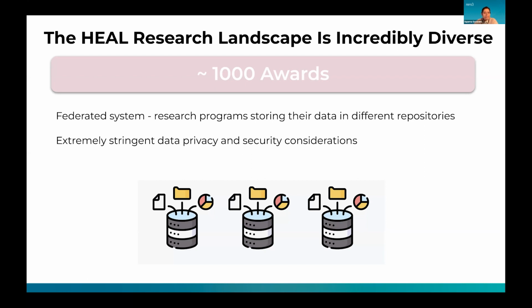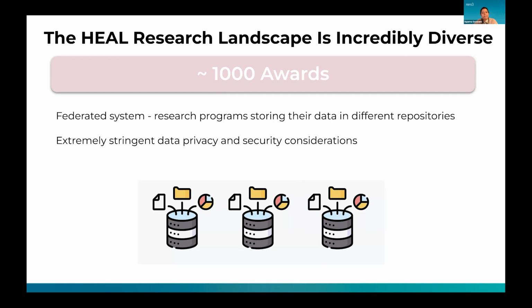And how do we do it? First of all, it's important to understand that HEAL, with these 1,000-plus awards generating different types of data, is a federated system. There is no one repository where all this data will be stored. These are different research programs spread across the country. They are storing their data in different repositories based on the unique needs and characteristics of the study and of the data they are generating. For example, human data or clinical trials data is stored in some repository.